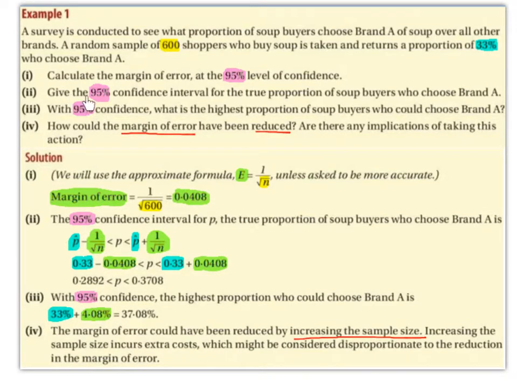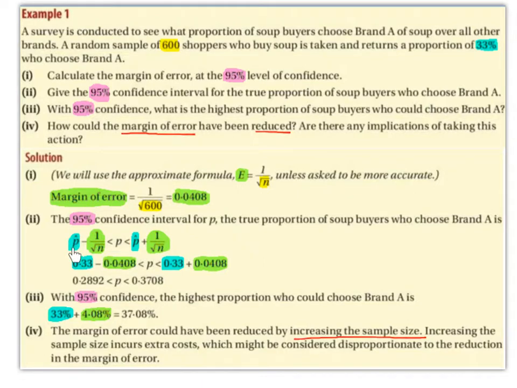Part 2. Give the 95% confidence interval for the true proportion of soup buyers who chose brand A. The 95% confidence interval for P, the true proportion of soup buyers who chose brand A, is P greater than P hat minus 1 over root n, and P less than P hat plus 1 over root n.